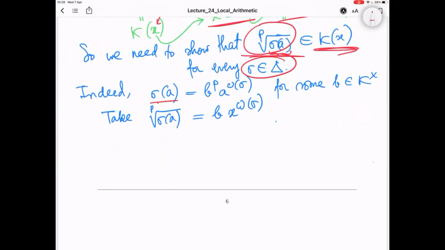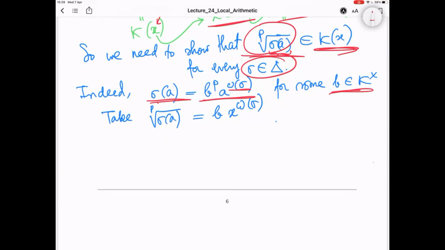What is sigma times A? Sigma times A is, by definition, up to a pth power of an element in K star, it's A to the power omega of sigma, right?